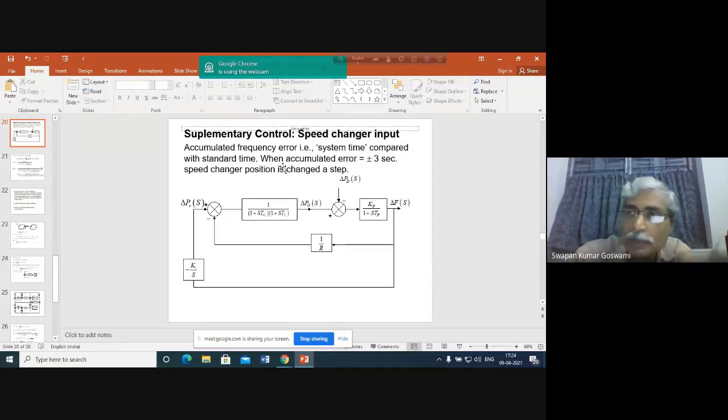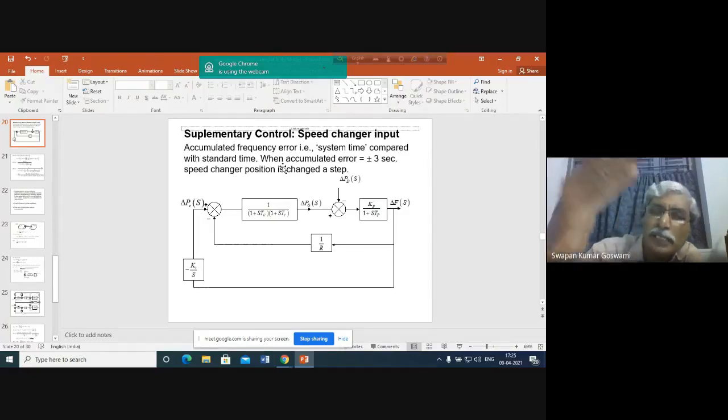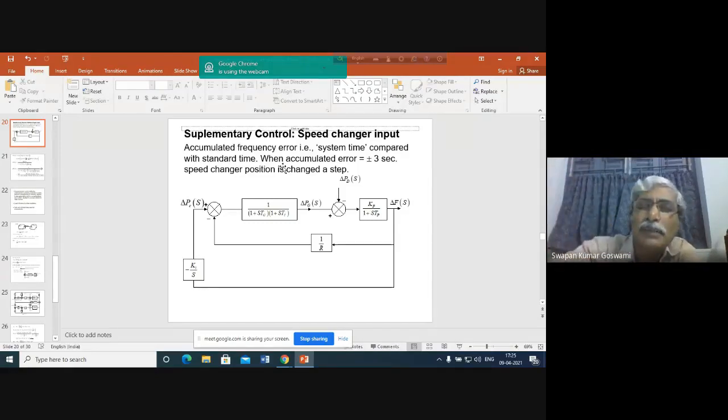If you deliver power when the system frequency is above 50 Hz, then you will be getting very small return. Not only that, if the frequency is above a certain value, then you will be getting no return at all. You will be getting no price at all for injecting that much power.